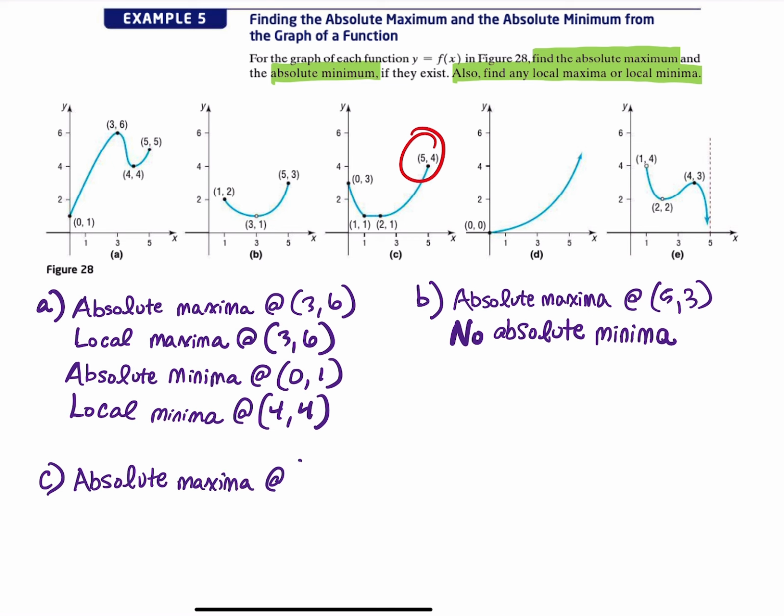So absolute maxima at 5 comma 4. Location is x value 5, and then the absolute max value is positive 4. And for the same reason I can't claim it as a local maxima. How about absolute minimum?